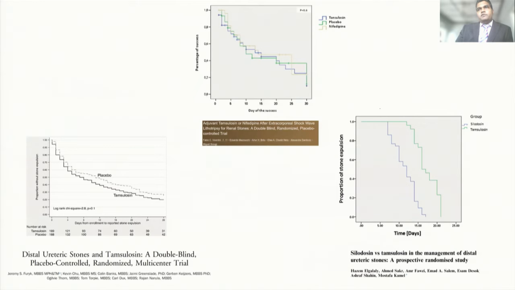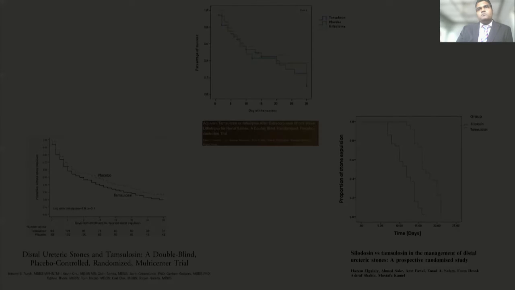Thereafter, there are so many studies which assess the efficacy of various agents, including nifedipine and various other alpha blockers, all of which show some good evidence that medical expulsion therapy has a clear benefit compared to a placebo.